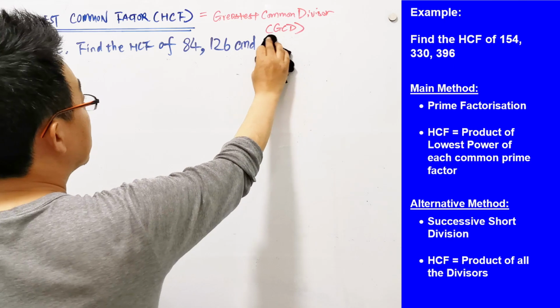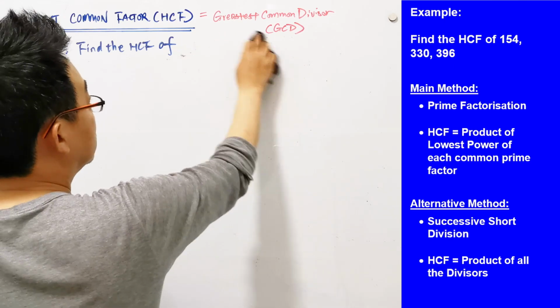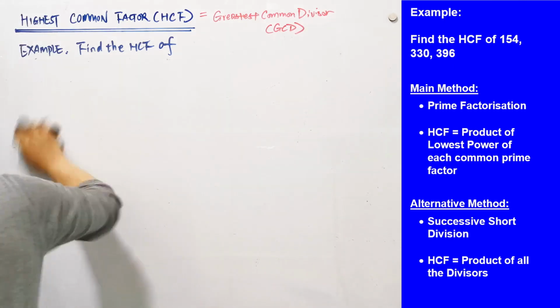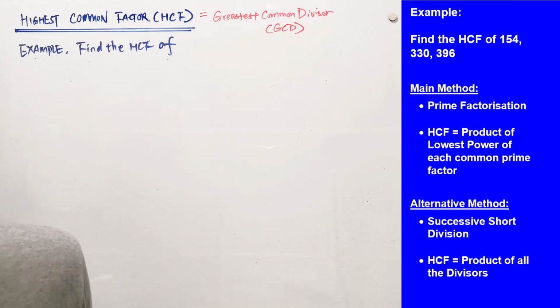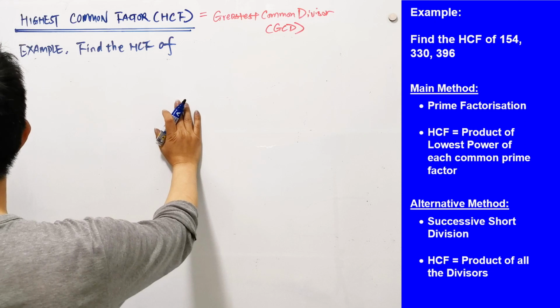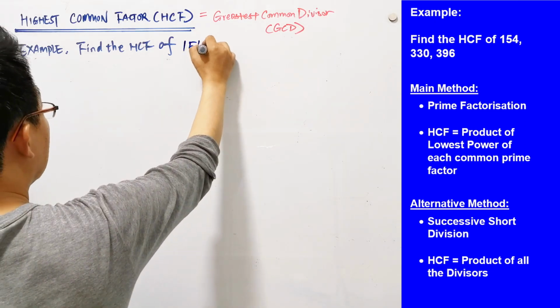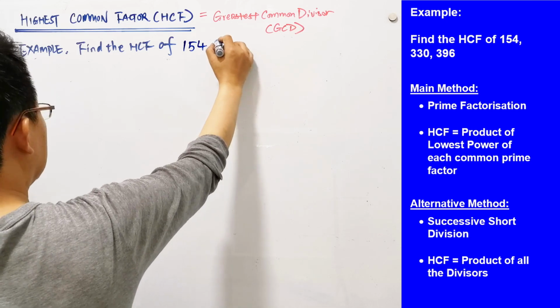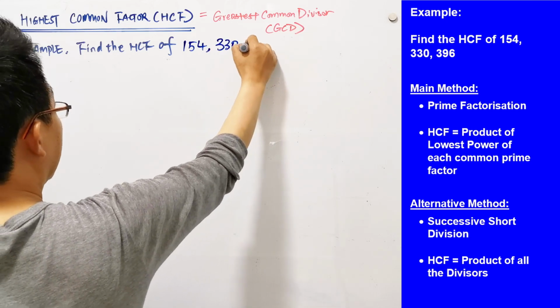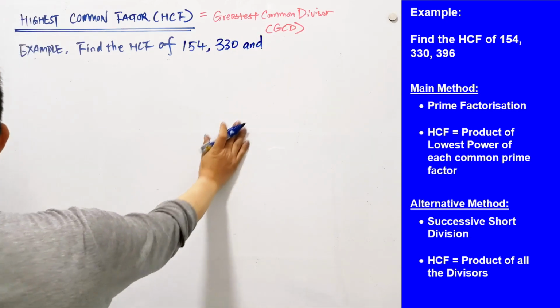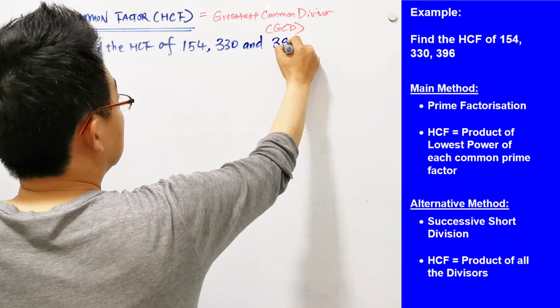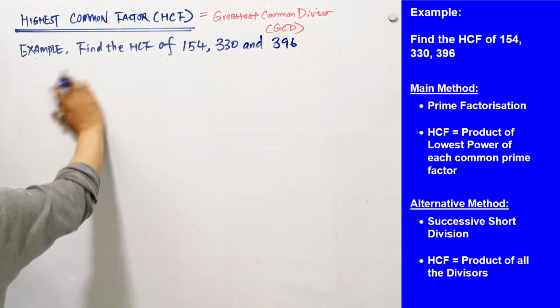The next example is 154, 330, and 396. Okay, so same thing.